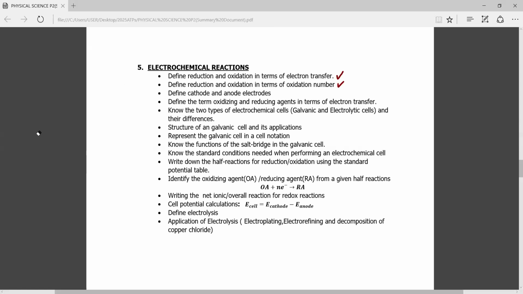So I've addressed the cathode, anode, reducing agent and oxidizing agent.